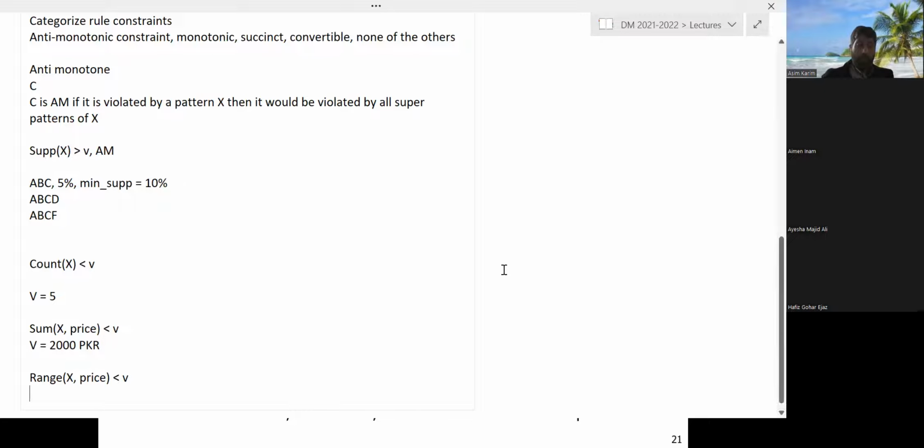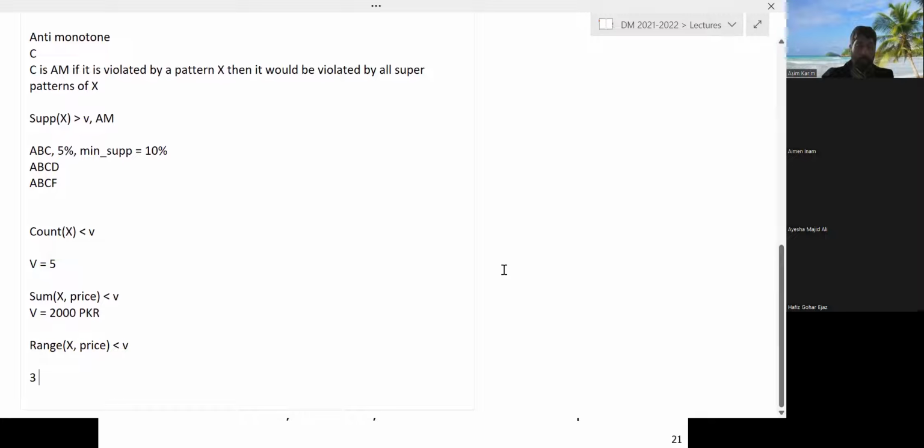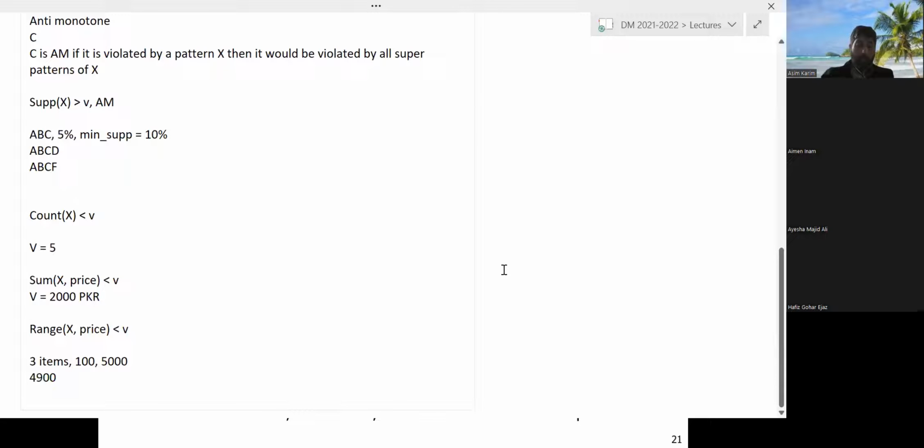Why? So range, what do you have by range? Let's say you have 3 items that you bought. The cheapest is, let's say 100 rupees, and the maximum is, let's say 5,000 rupees. So range would be 4,900. Okay? The difference between the minimum and maximum. Okay? So range is 4,900.